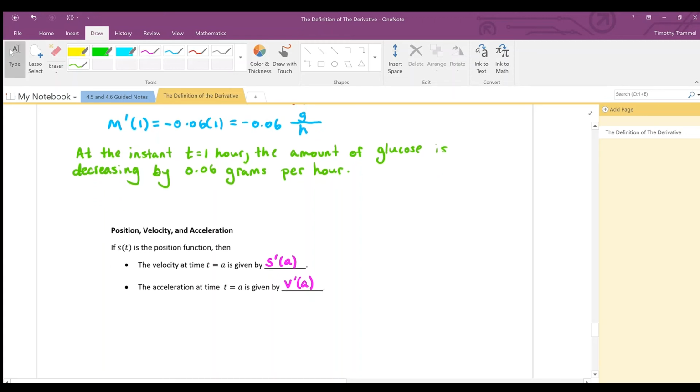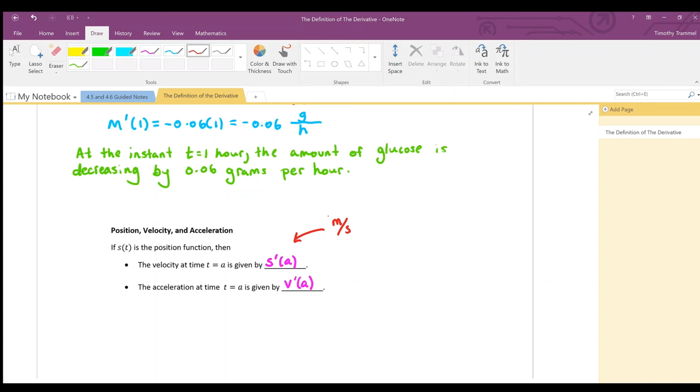I want to point out the units for both of these as well. So when we're talking about velocity, we might be in maybe meters per second, right? This should be the units of s over the units of t. So units of s should be some way of measuring distance, meters, kilometers, feet. And then units of t, these are going to be units of time.